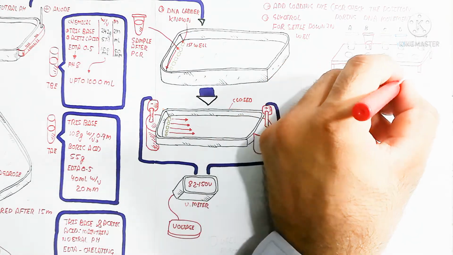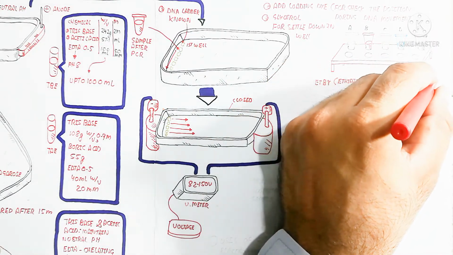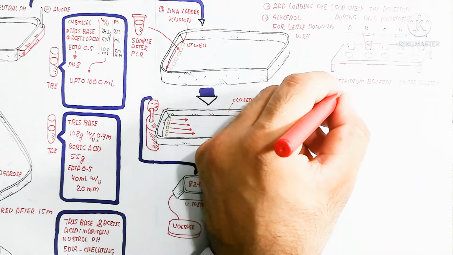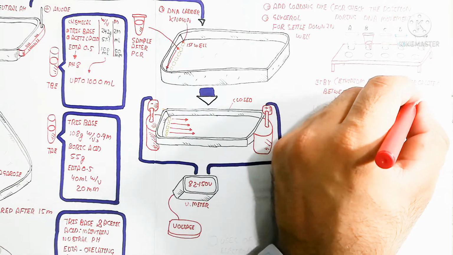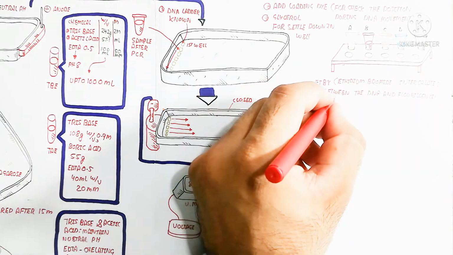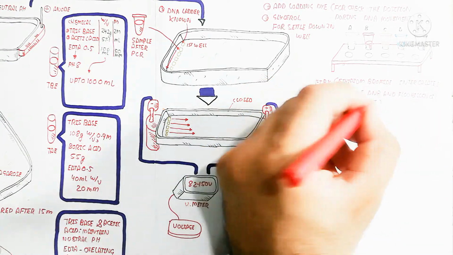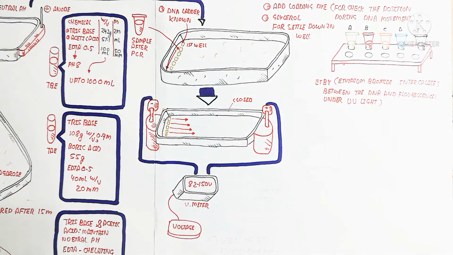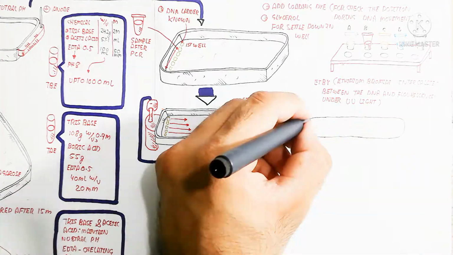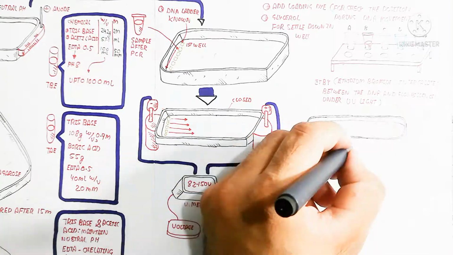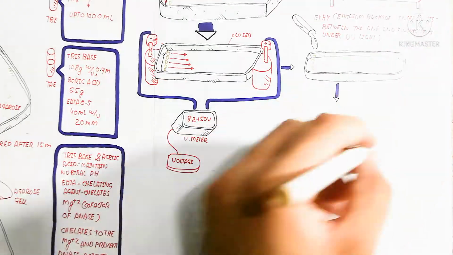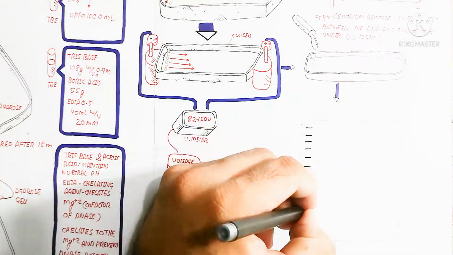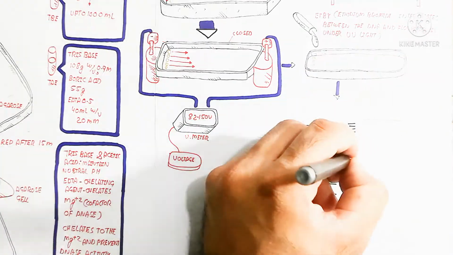So the EtBr is ethidium bromide, which intercalates between the DNA and fluoresces under UV light. So it means the ethidium bromide will be added. After adding the ethidium bromide, it can show the color of the segments of the DNA in the UV light. So I hope you make sense about these things.